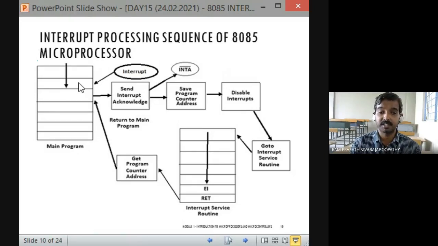First we are considering the main program is getting executed. At any point of time an interrupt comes, it will complete the execution of the current instruction. After that, it sends the interrupt acknowledge. If it is an INTR interrupt, it will send the interrupt acknowledge through the INTA bar pin. So after acknowledging the interrupt, what is the CPU doing?